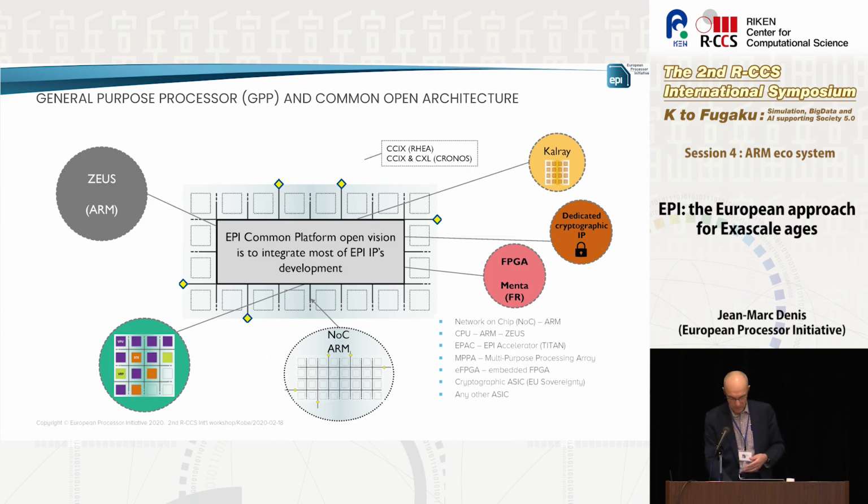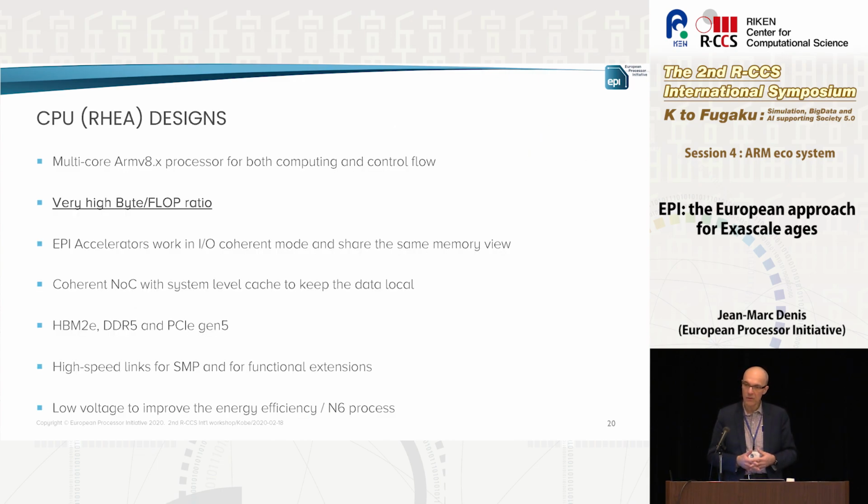So, in terms of global design for REA, it's going to be a multi-core Zeus implementation with SVE, and that will also be a very performant data engine, in the sense that we are going to offer a very high byte per flop ratio.